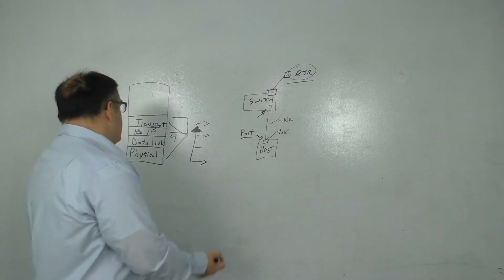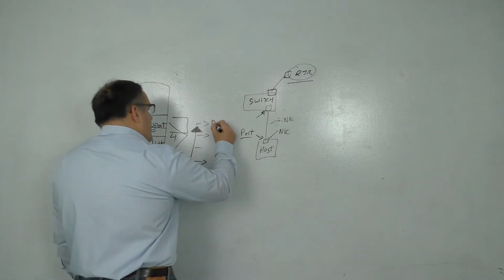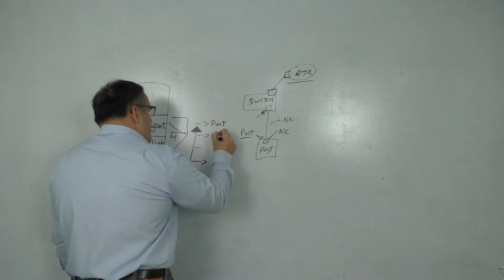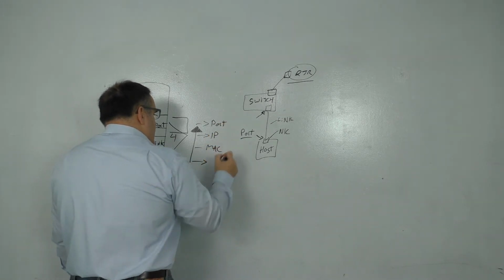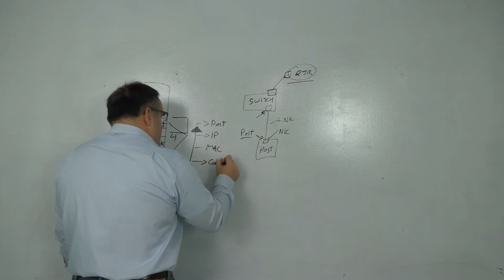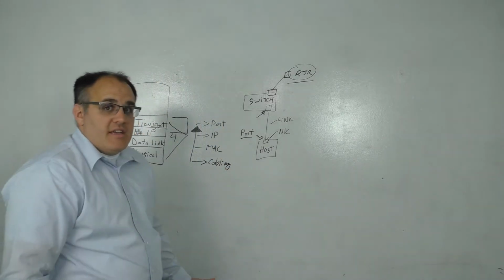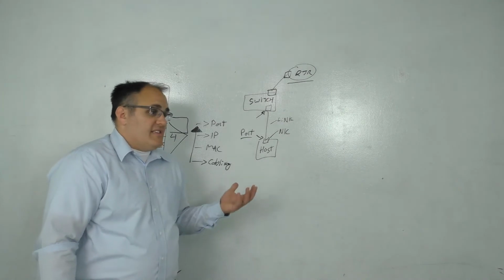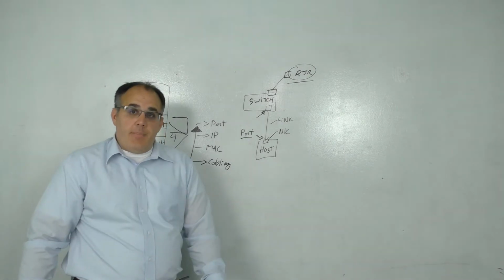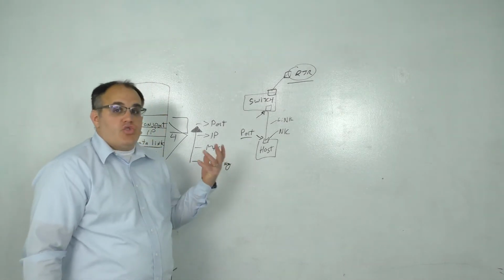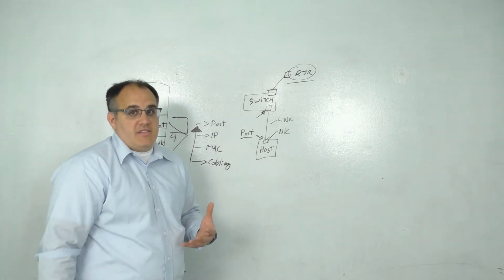Things like that. Because really what we're going to be focused on here is port, IP address, MAC address, cabling. This will be our troubleshooting process, because while we won't be setting up our stuff, we oftentimes have to troubleshoot our stuff in the BAS world.